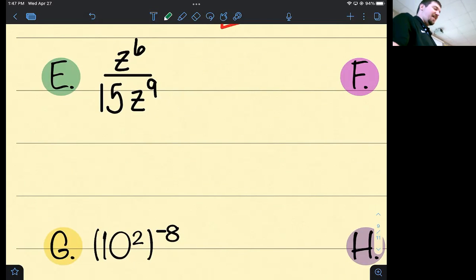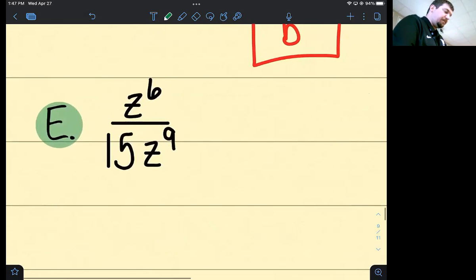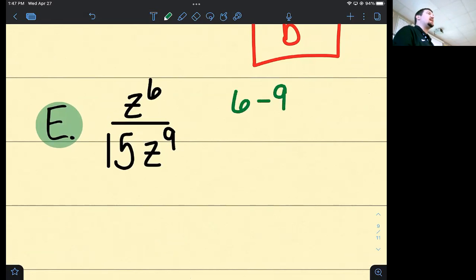So, okay. While they're figuring it out, our next example, z to the 6th over 15z to the 9th. There are two ways of doing this, algebraically or visually. Algebraically, with z to the 6th over z to the 9th, when you're dividing powers, you subtract the exponents. What is 6 minus 9? Negative 3.